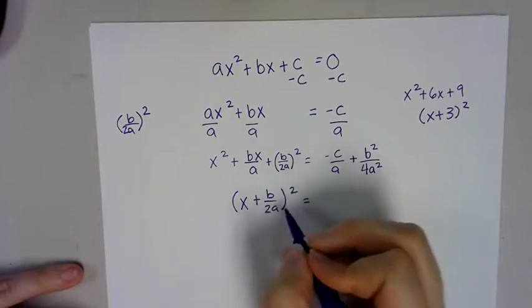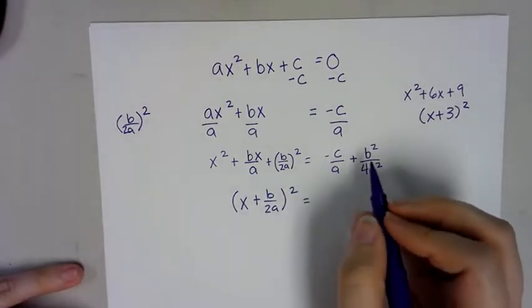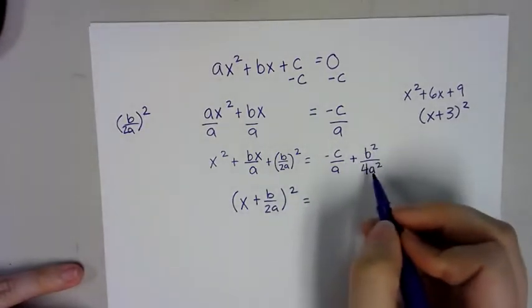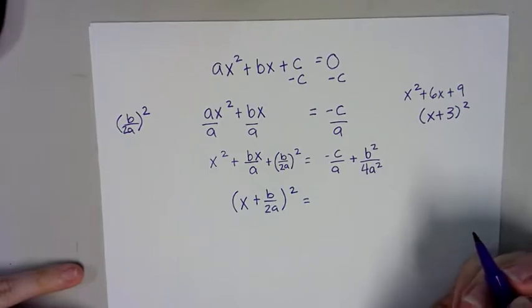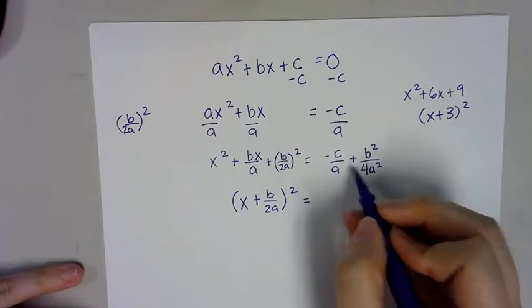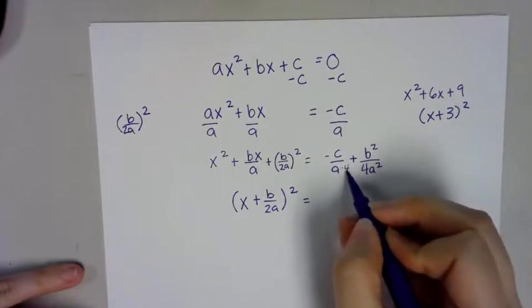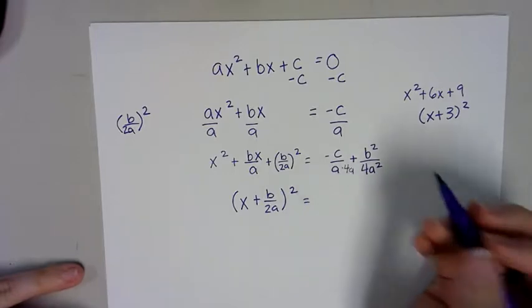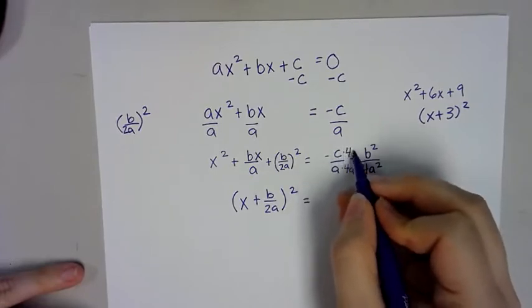So then I'm back down here. I have this right here. I can combine these, but I would need a common denominator. So right now I have a and 4a squared. Well, I can make a into 4a squared if I multiply it by 4a. However, if I do that on the bottom, I also have to do that on the top.